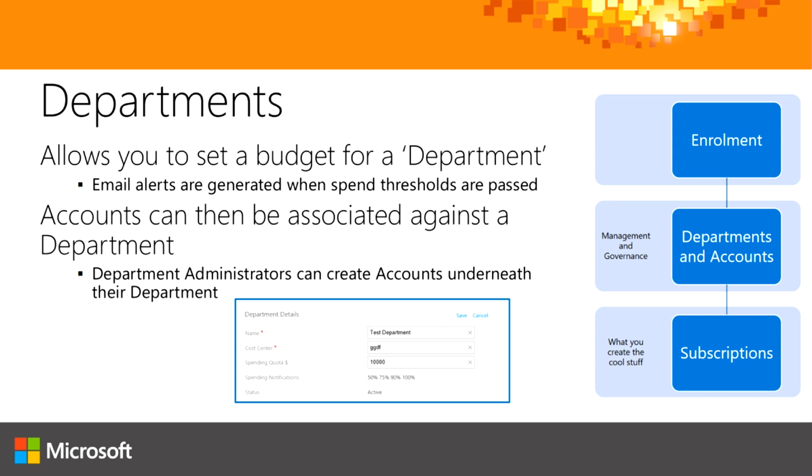And what happens with that spending quota is you'll get a notice at the 50% spend mark, the 75% spend mark, the 90% spend mark, and 100% spend mark. Now, when you hit 100%, it's not going to turn stuff off, right? Because we don't know what you want to do when you hit that limit. But it gives you that notification that says, hey, you're approaching this limit. Do you need to do something about it?